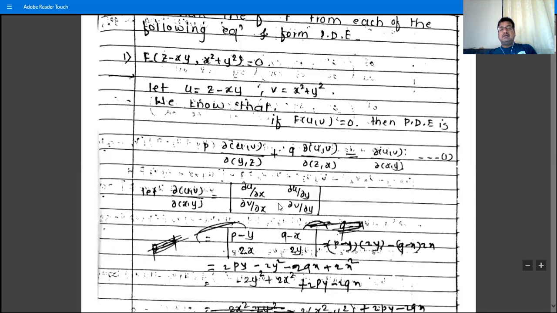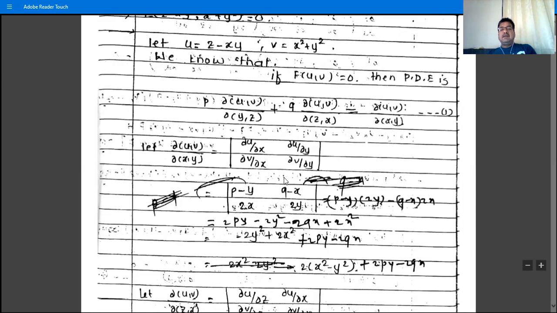Then ∂u/∂y is ∂z/∂y, which is q, and then minus the derivative of x into y with respect to y, which is x, because ∂y/∂y is 1.